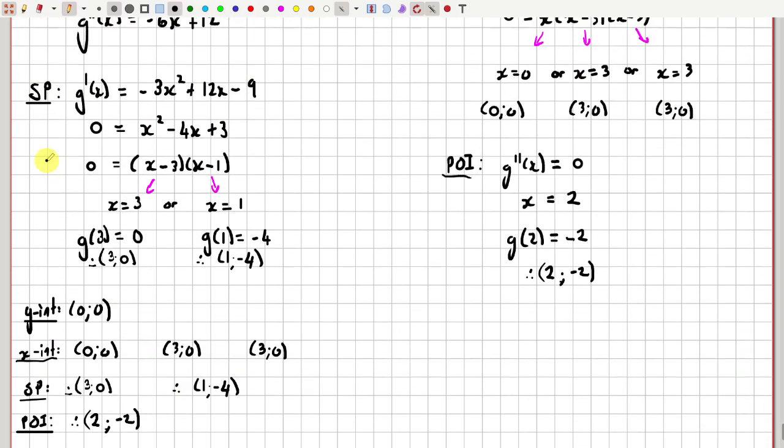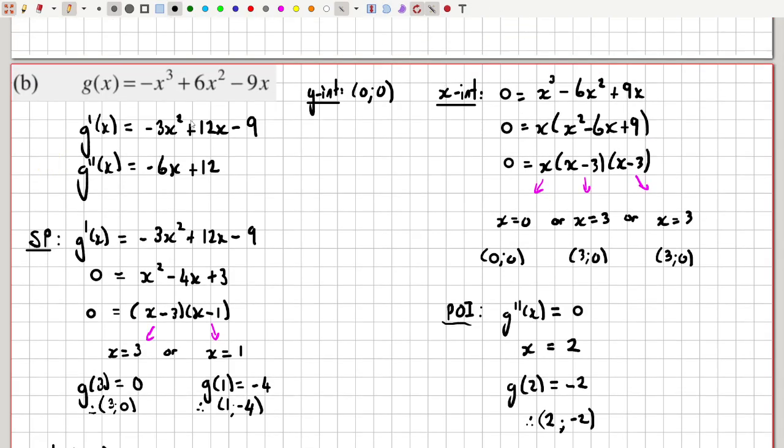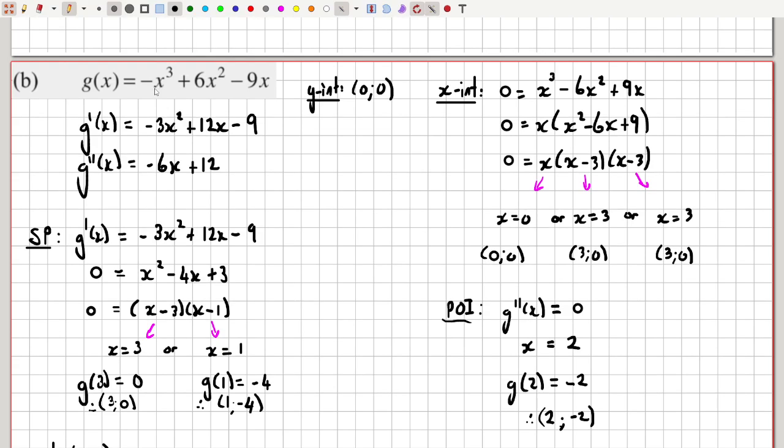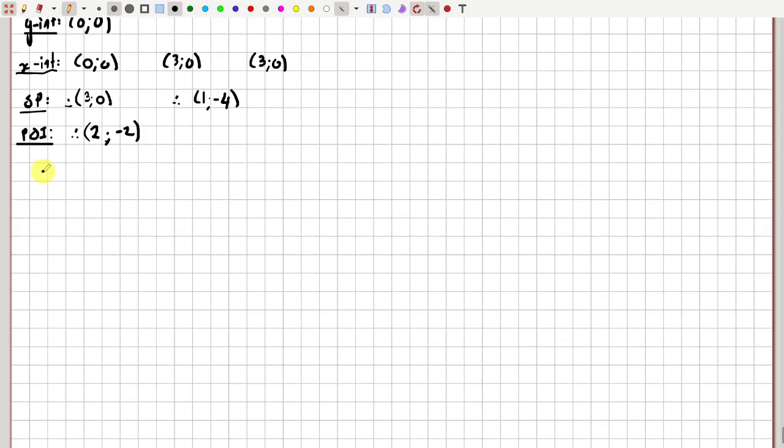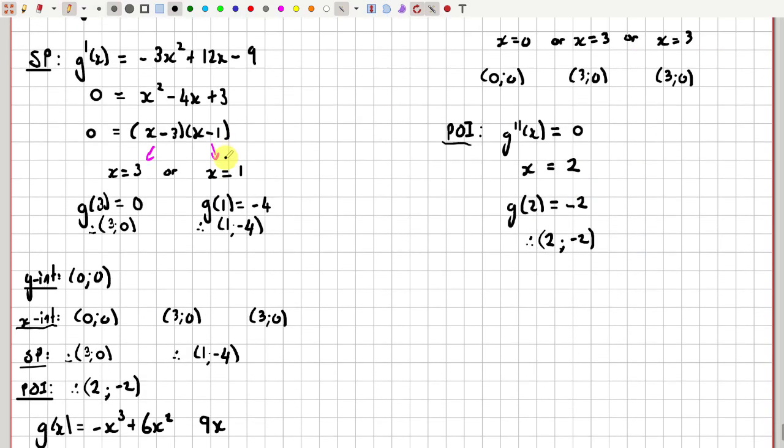So now we need to look at the original equation, which is this g of x here. We look at the a value. The a value is negative. That's minus x cubed, plus 6x squared, and what was it? 9x. It's a negative 9x.